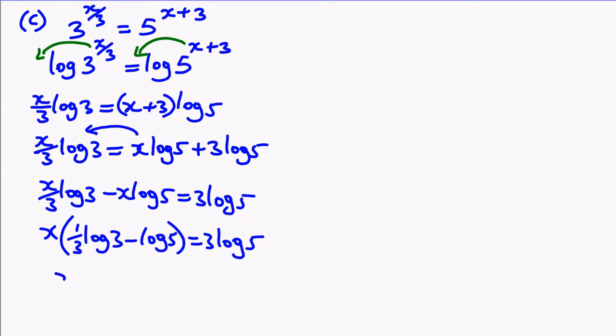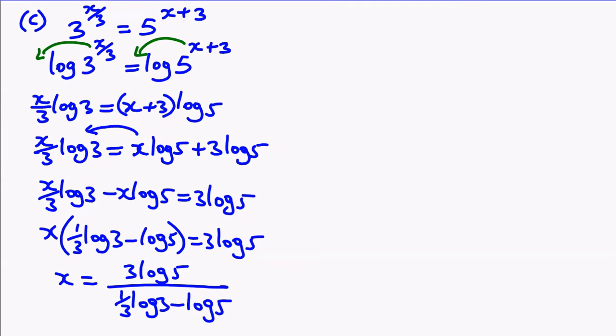And then finish off by dividing the right hand side by the coefficient of x. So if you plug this in the calculator, you should be able to get negative 3.88.